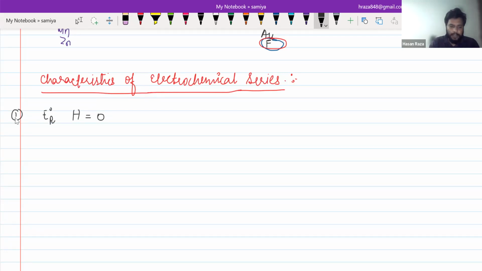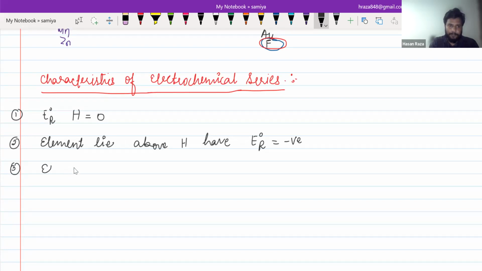Always remember that. The second point, elements lying above hydrogen in this series that I just wrote have E naught R equal to negative.